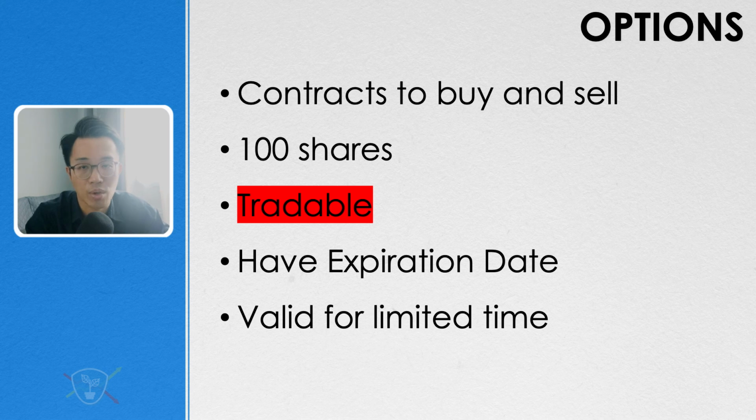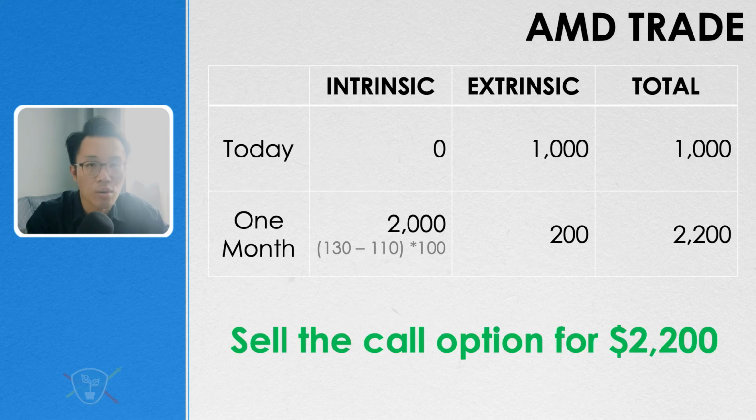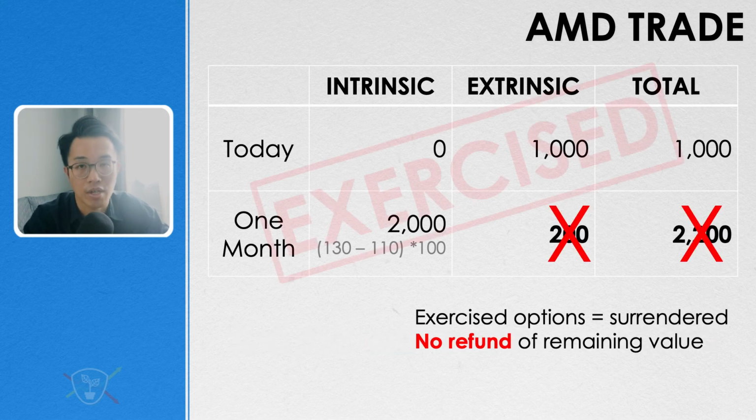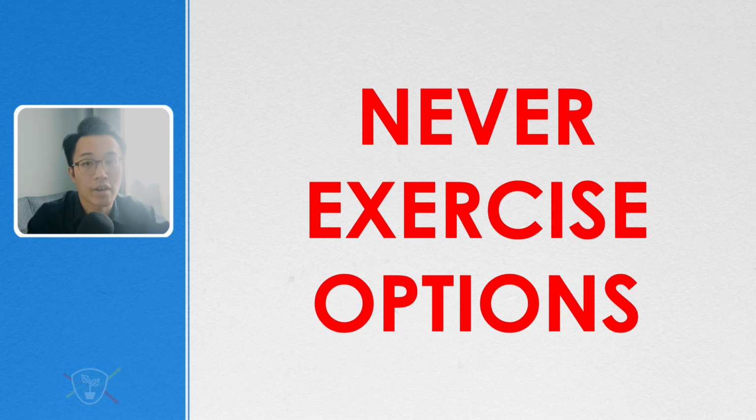So what I should be doing is I should just sell this call option away and I will receive proceeds of $2,200. By exercising the option, I will actually forfeit whatever extrinsic value is left. So remember, never exercise options.